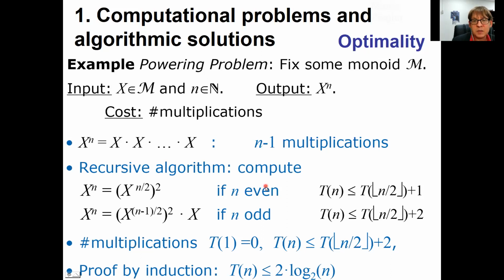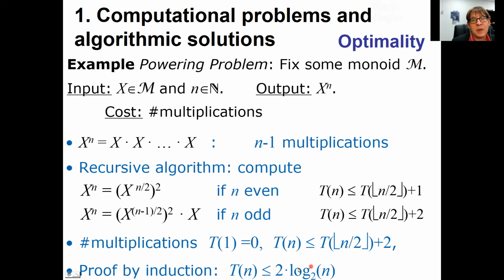Solving this recurrence leads to the bound that T of n is at most 2 times the binary logarithm of n, which again I leave to you to deduce by simple induction from this inequality. The conclusion is that asymptotically, our new algorithm now has only logarithmic cost, right? So the factor 2 can be ignored asymptotically. And also the base doesn't really matter asymptotically because that only changes a constant factor.